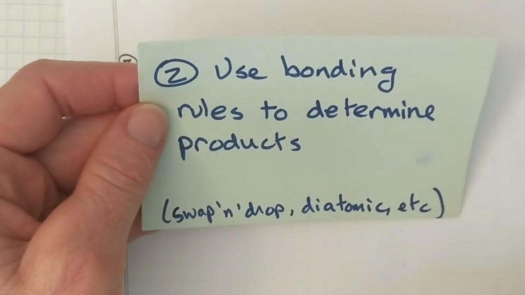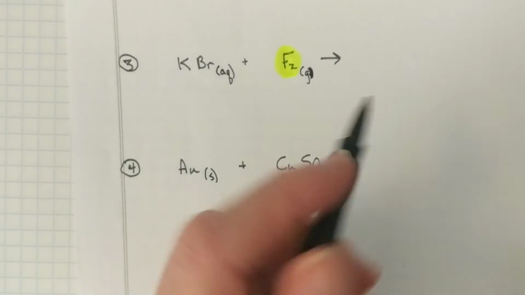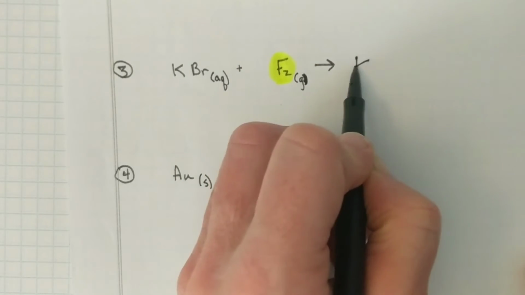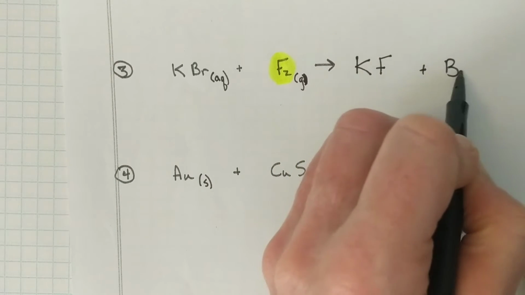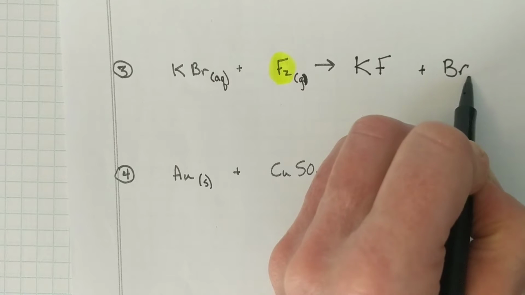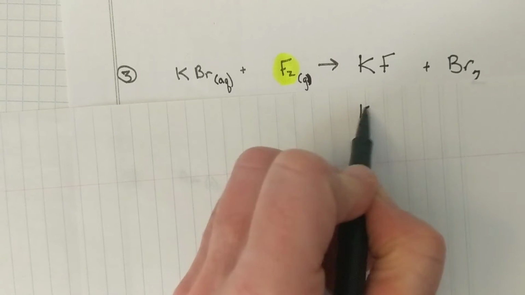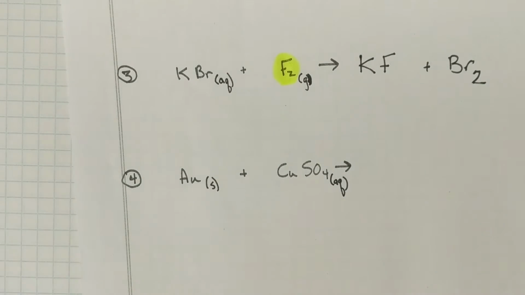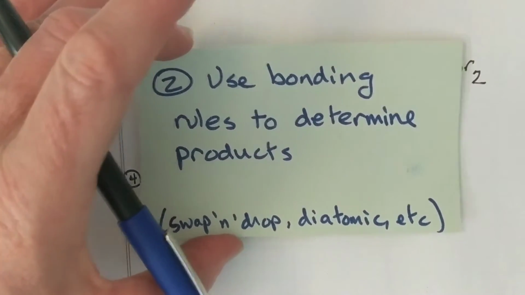We're going to use the bonding rules to determine the products. We're replacing with K, and I have F plus Br. Br is a diatomic molecule, so we know it's got to be Br2. KF is a pretty easy one: K plus and F minus, swap and drop, so it's just KF. So we use the bonding rules to determine the products.